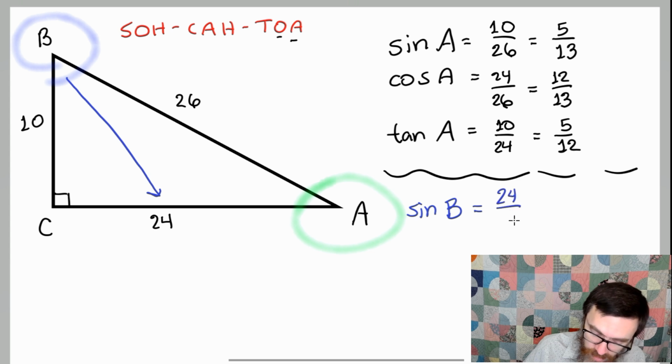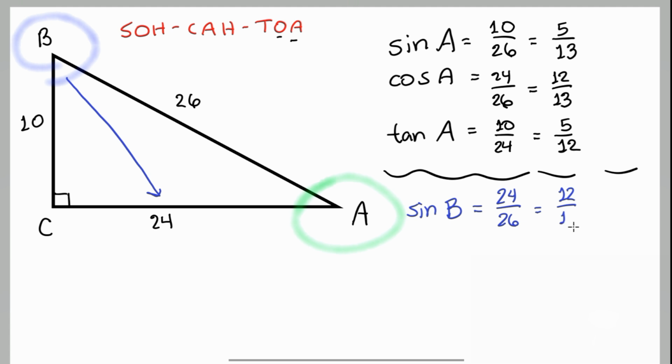So this is 24 over the hypotenuse 26. This reduces to 12 over 13. And the cosine is going to be the side adjacent. So for angle B, that's going to be 10 right here. So 10 over 26, which gives me 5 over 13.